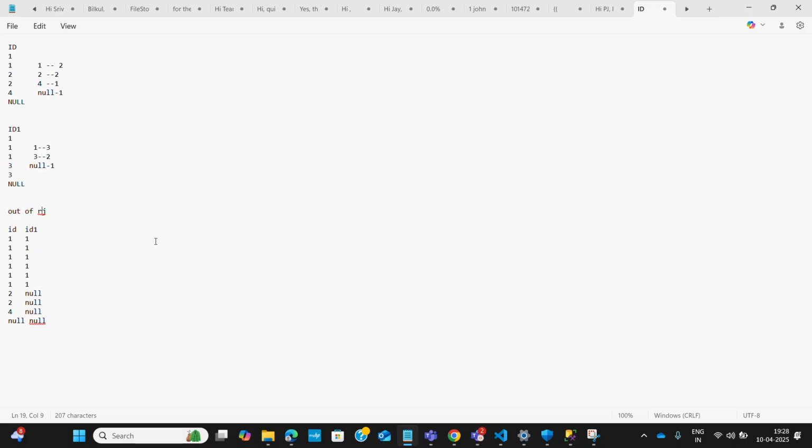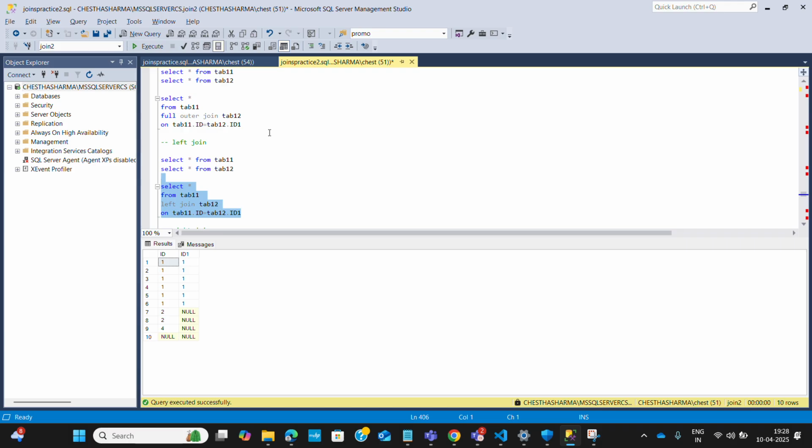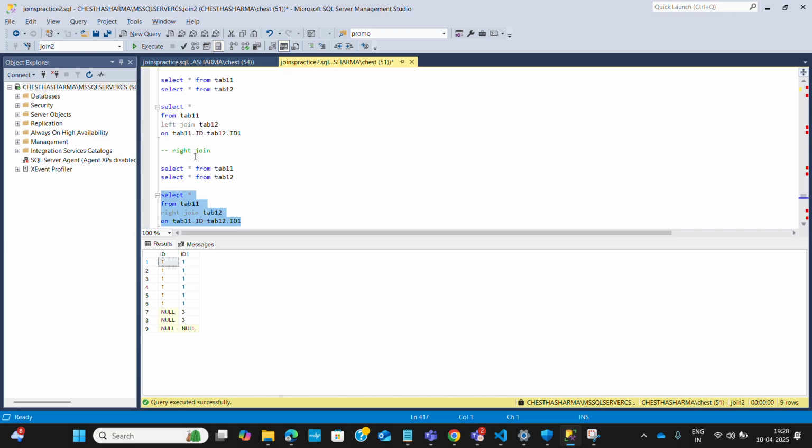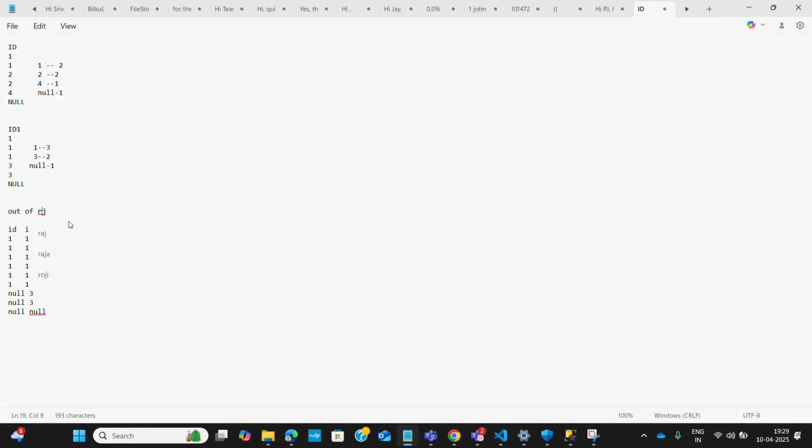And then what would be the output of right join? In the output of right join, 3 will come 2 times, and null will come 1 time. And now what will be the output of full outer join?